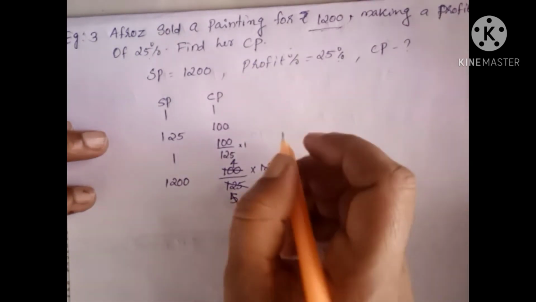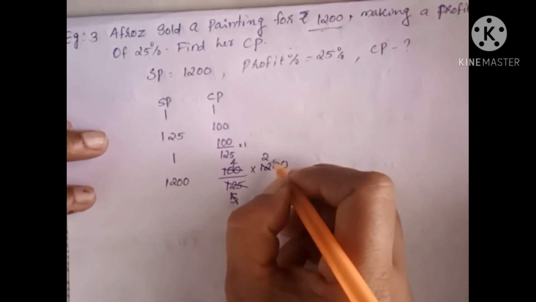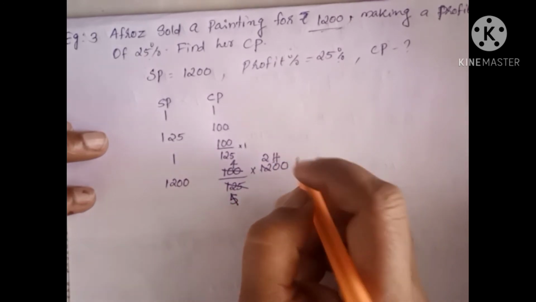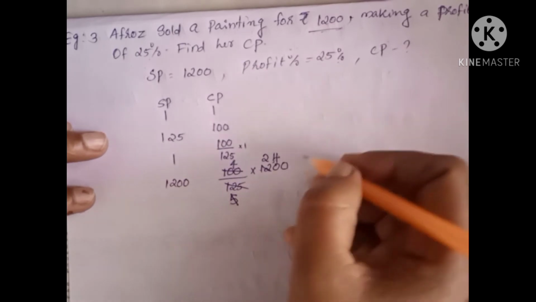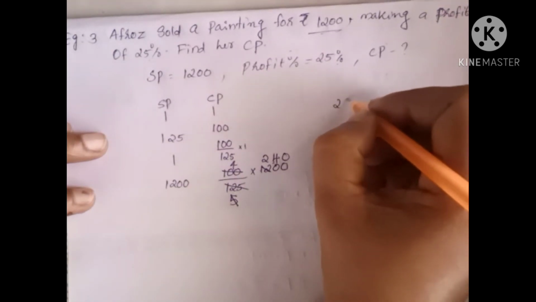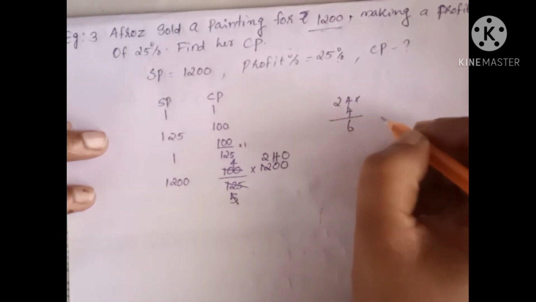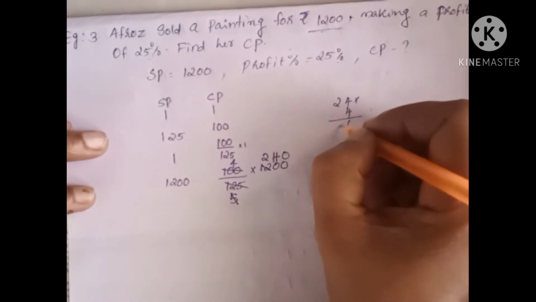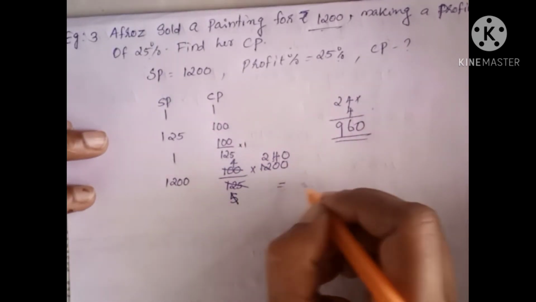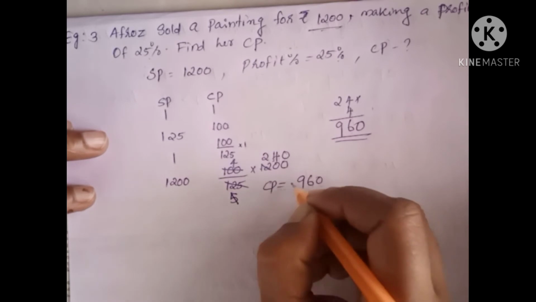In 12, how many times? 2 fives are 10, 2 is carry over. This 0 becomes 20. In 20, 4 times. Then in 0, 0 times. So 240. 24 into 4: 4 fours are 16, 1 carry over. 4 twos are 8 plus 1, 9. 1 0 also here. So CP equals 960 rupees.